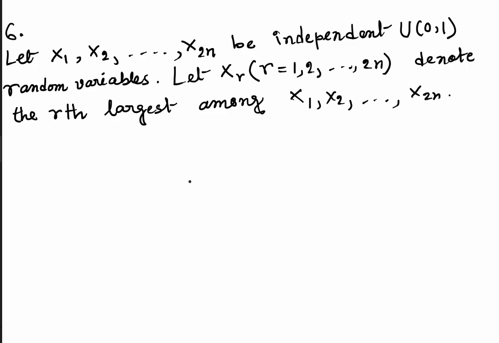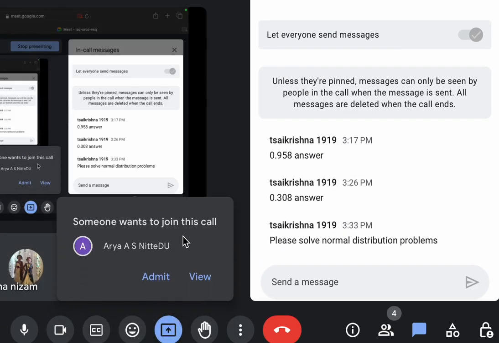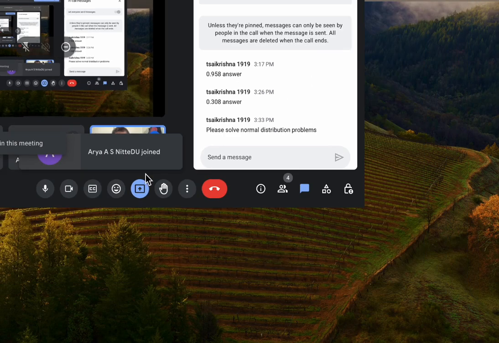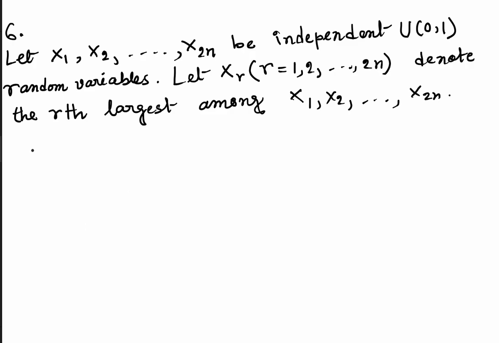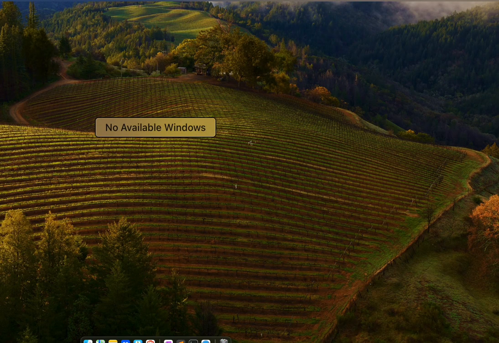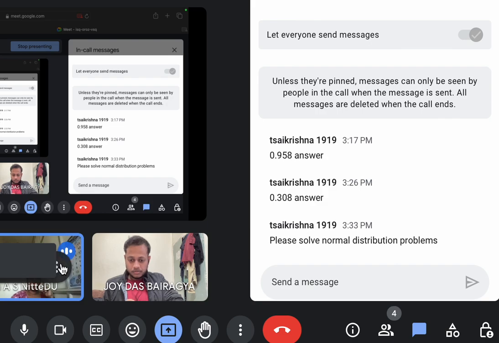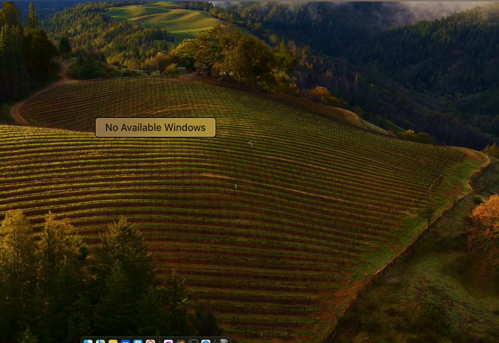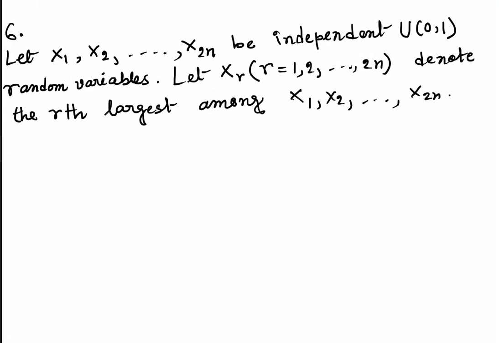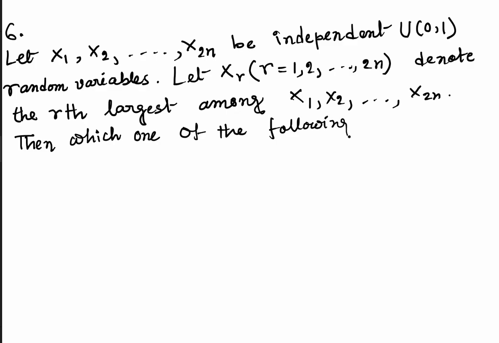Then which one of the following is correct?